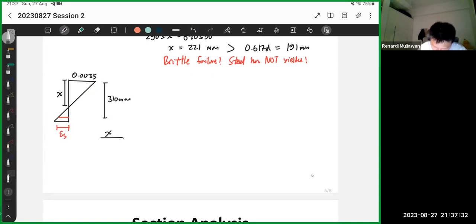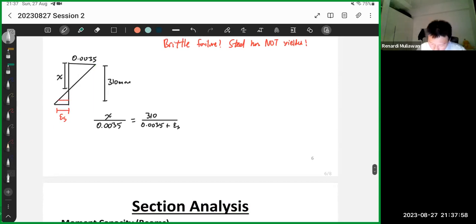So X divided by 0.0035, which is the small triangle, is 310 divided by 0.0035 plus ES.